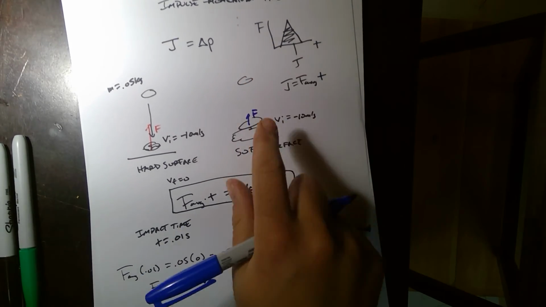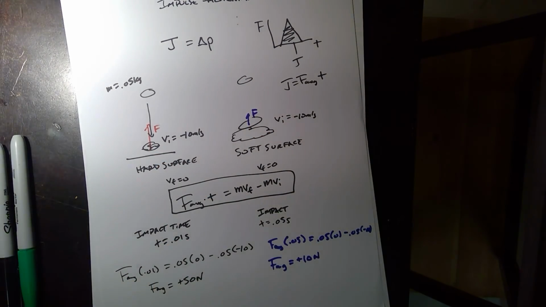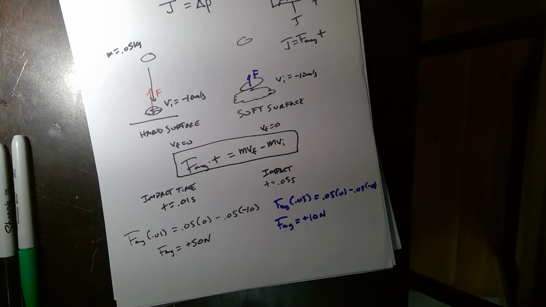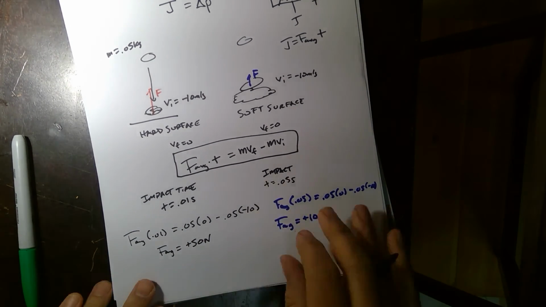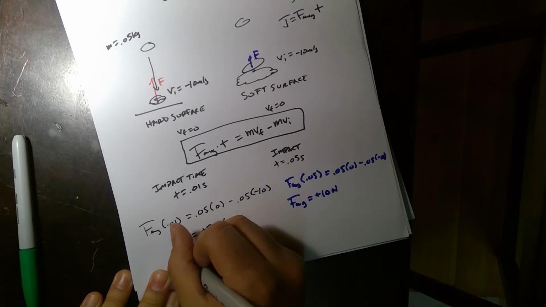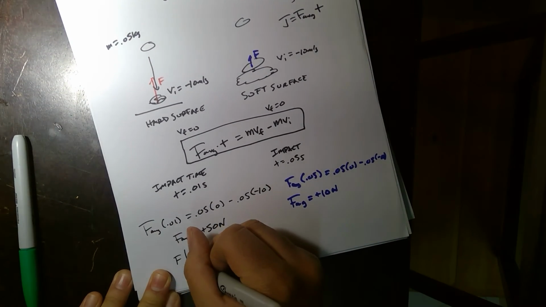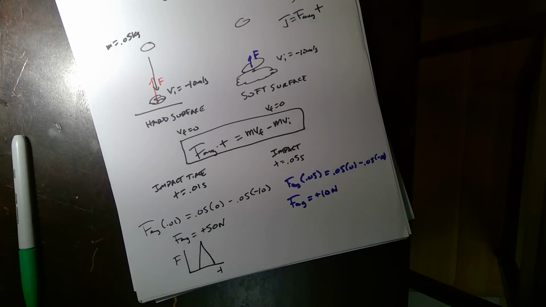Now this force right here is smaller than this force right here. Basically, what we've done is we've kept the impulse the same. But if you were looking at the force over time, it's got a large peak here.